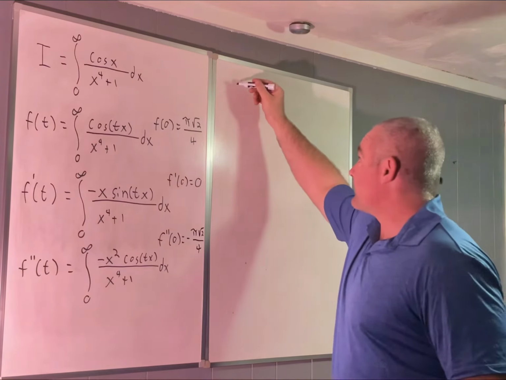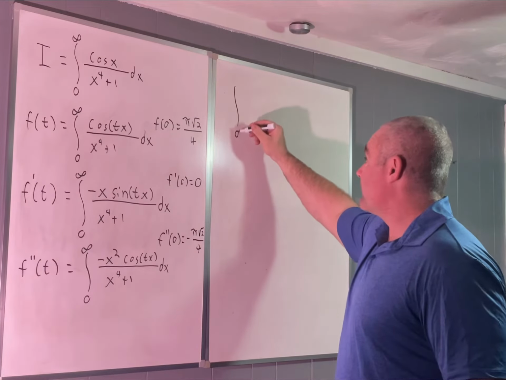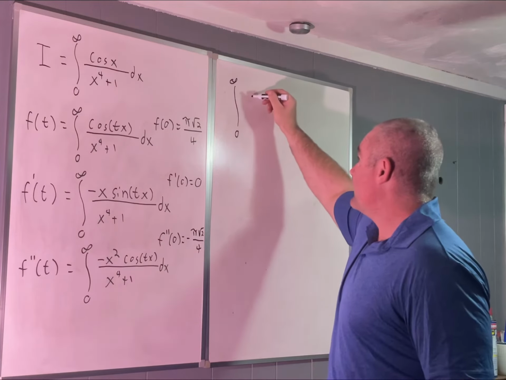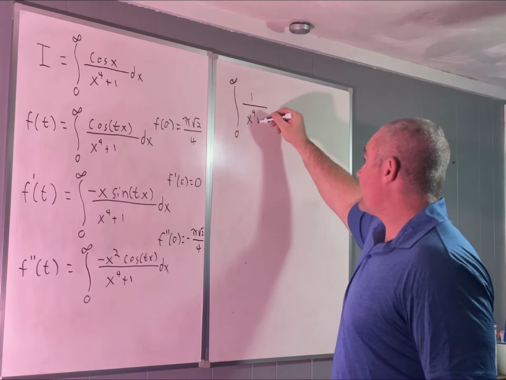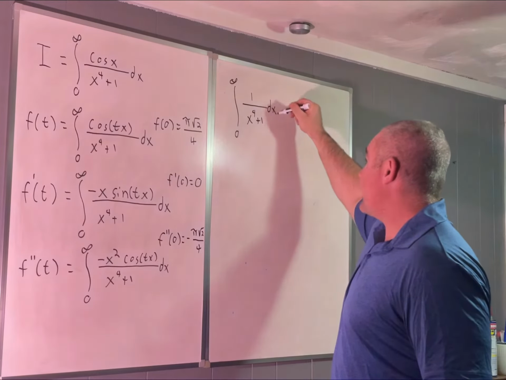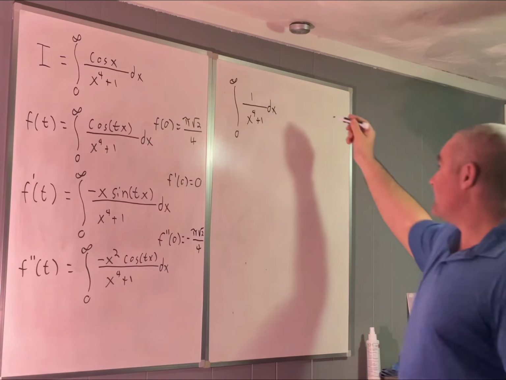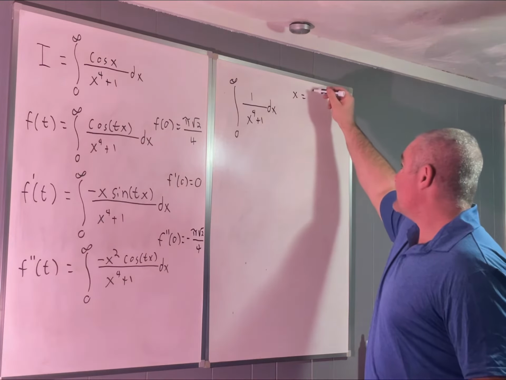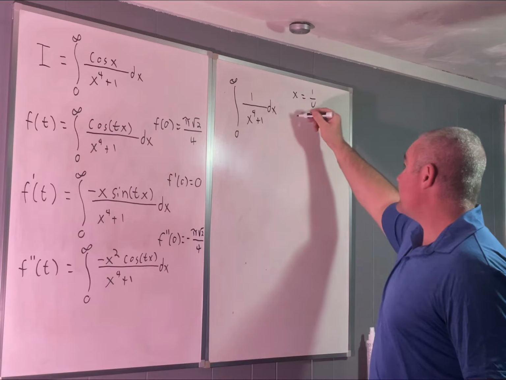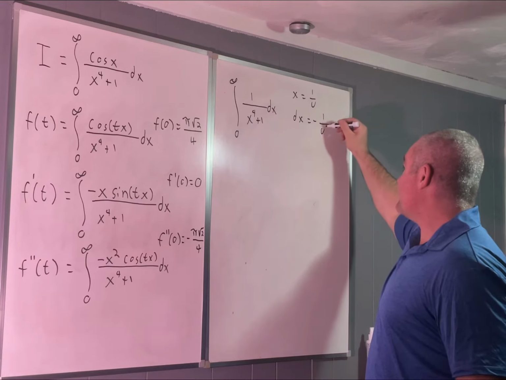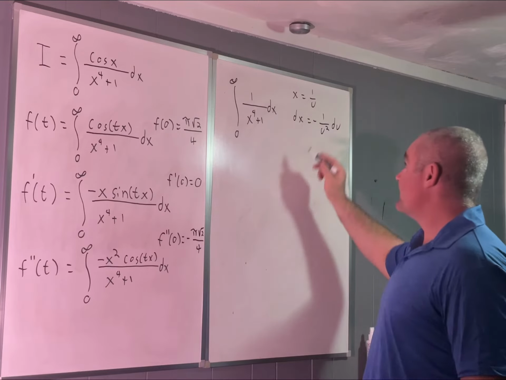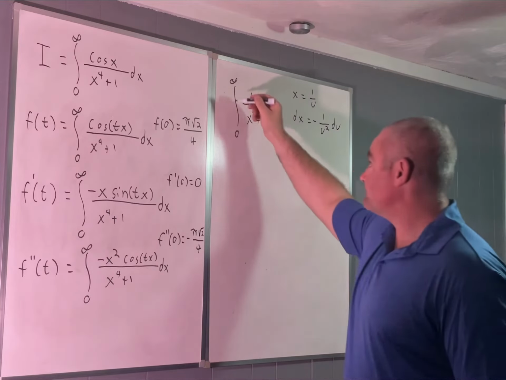If we have the integral from 0 to infinity of 1 over x to the fourth plus 1 dx, and then make the substitution that x is equal to 1 over u, we would get dx equal negative 1 over u squared du. So let's plug that in.